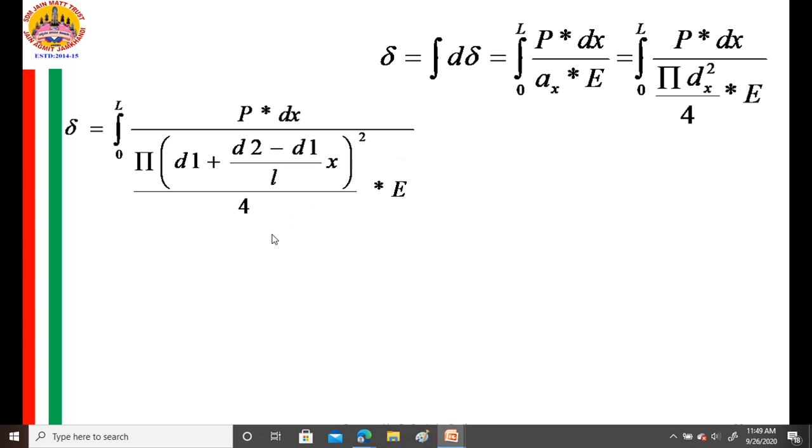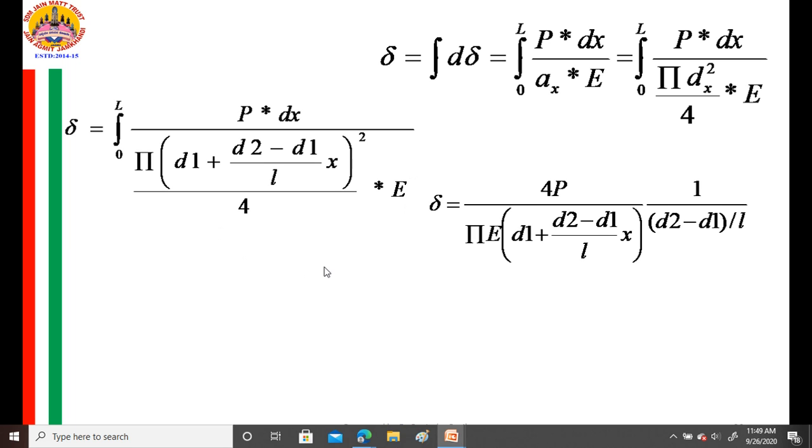Whole square divided by 4 into E. Yes, further simplify it. Here it is a bit confusing. 4P is constant, he has taken it out. πE is constant, he has taken it out. Here actually the minus is there, it is not appearing.